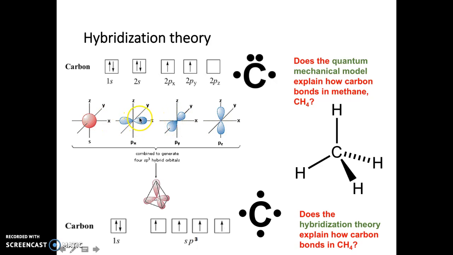Now notice there's the px, the py, and the pz orbitals that you would hybridize on the valence shell. And in doing so, now you've created this new hybridized orbital, and how we label it is sp3, and we have 4 of the unpaired electrons that account for the 4 bonds that carbon can make.